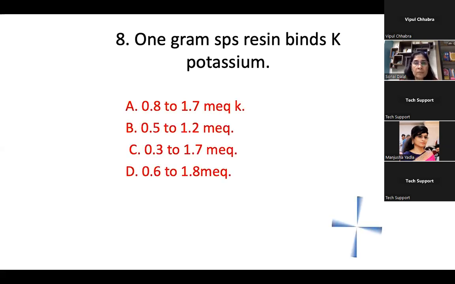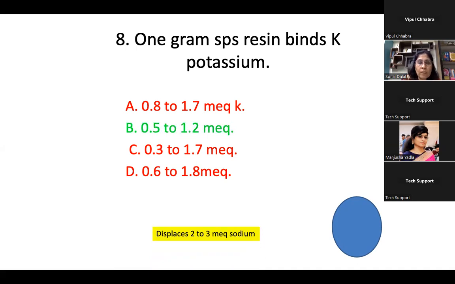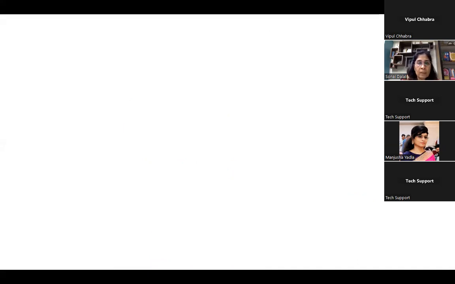Your time starts now. Time up. The correct answer is 0.5 to 1.2 milliequivalent. It displaces about 2 to 3 milliequivalent of sodium for this much potassium.